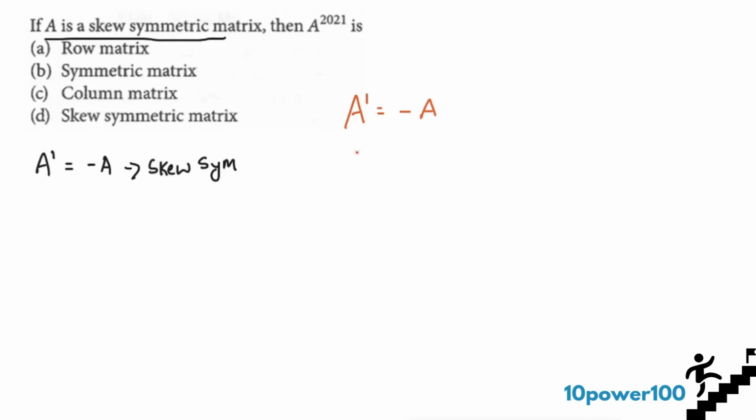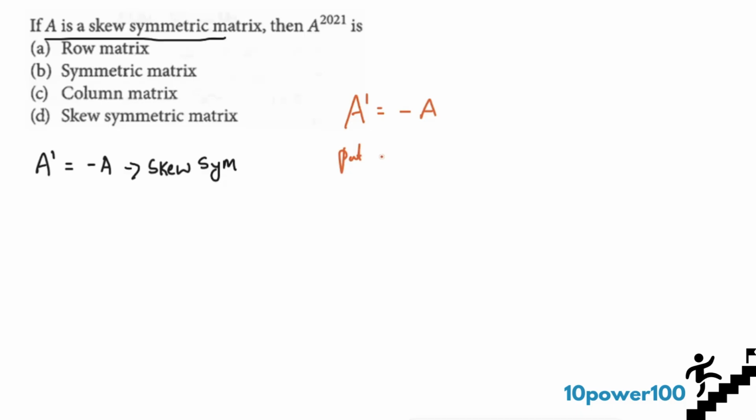Okay. Now we'll take power, A power 2021. So how to take this? We'll put power 2021 on both sides, like how we say square on both sides.